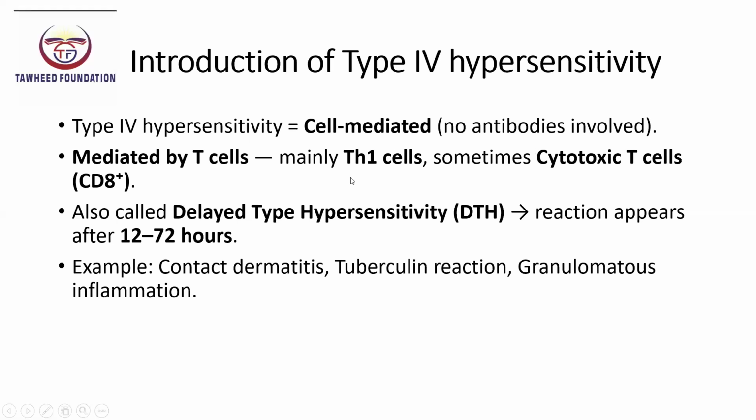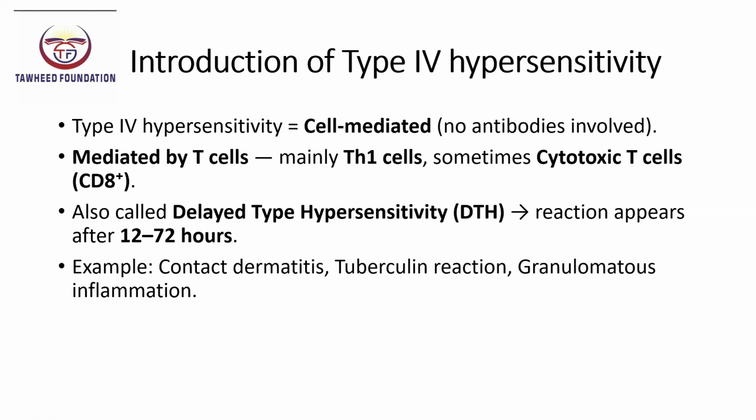Unlike type 1, type 2, and type 3 hypersensitivity, here T lymphocytes, especially Th1 cells, are the main drivers of the reaction. In some cases, cytotoxic CD8 plus T cells may also participate. The reaction is termed delayed because it generally develops 12 to 72 hours after exposure to the antigen.